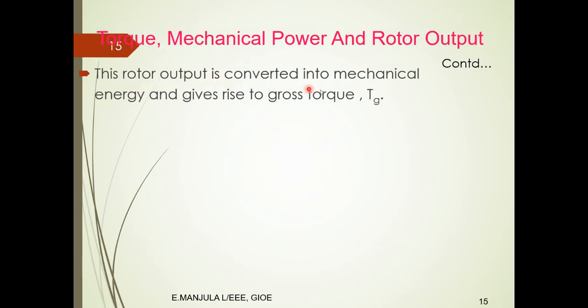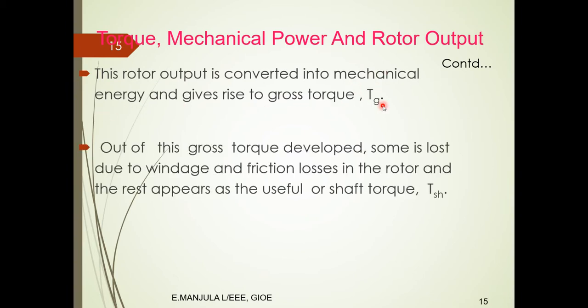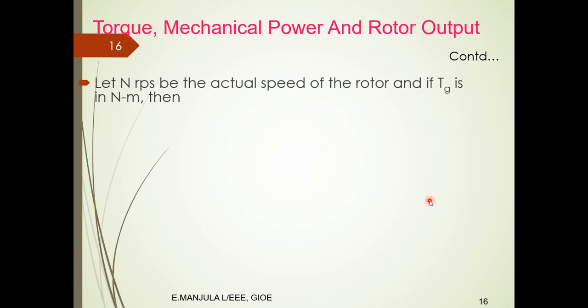This rotor output is converted into mechanical energy and gives rise to the gross torque Tg. Out of this gross torque developed, some is lost due to the windage and frictional losses in the rotor, and the rest appears as a useful shaft torque Tsh. So all this power flow we have seen in the flow diagram.